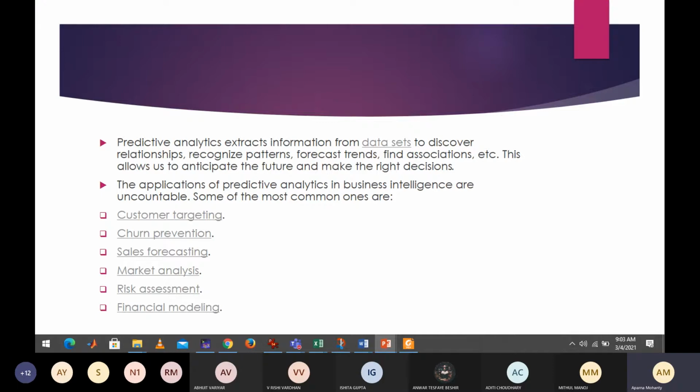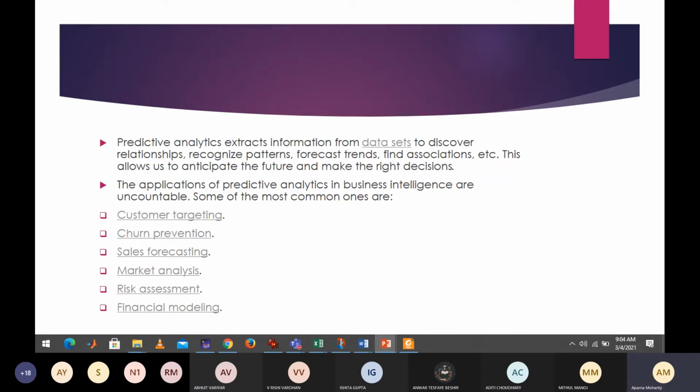Churning means when the customer moves out of a company. If the customer feels he is getting better offers in other companies or brands, and he is getting cheated in this particular brand, in that case the customer moves out. So your predictive analysis helps you avoid all those things.